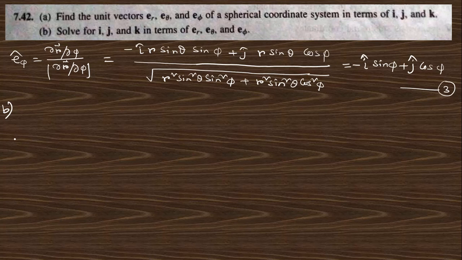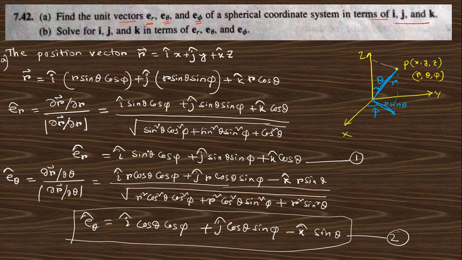For that you need to multiply equation 1 by sin theta plus equation 2 by cos theta. Just multiply equation 1 by sin theta and equation 2 by cos theta, so you will get sin square and cos square, and this sin theta cos theta k term will cancel out.